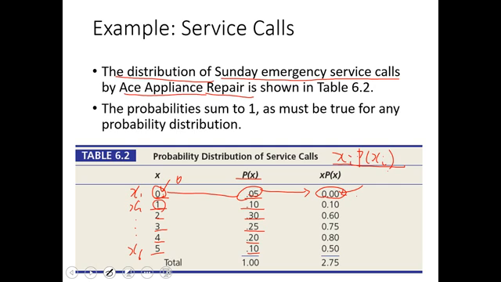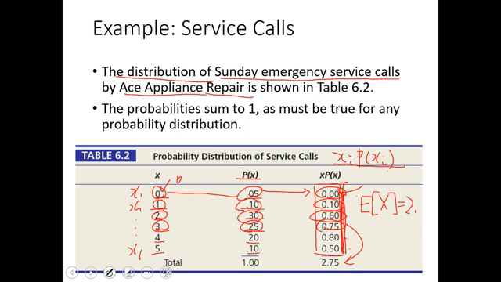And 1 times probability of 1 is here. 2 times probability of 2 is here. 3 times probability of 3 is here, and so on. That is the element of the summation. If we sum these values up, we have 2.75. This 2.75 is the mean of X.